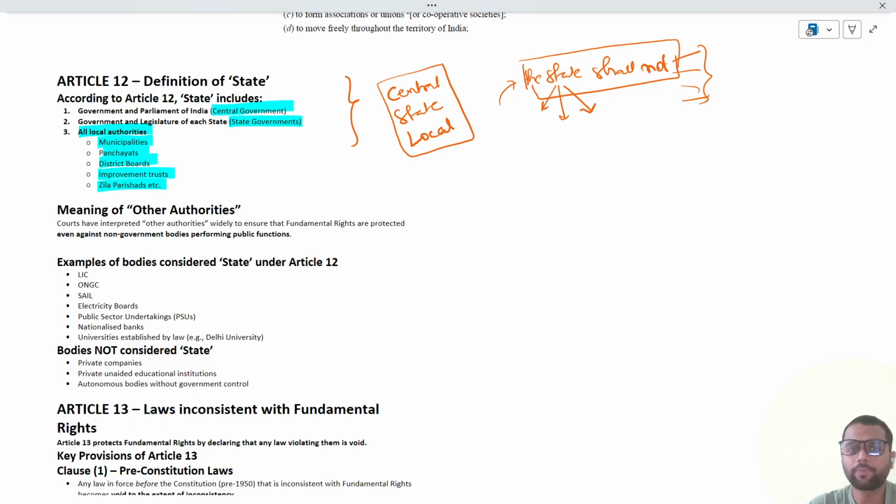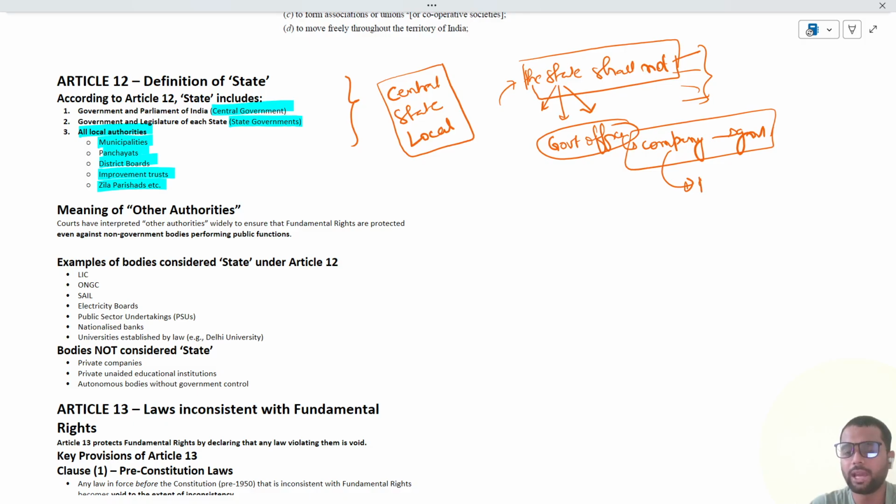So what if tomorrow you are working in the government, you are a government officer, and you are working in a company which is owned by the government? Whether then the company can pass some order that violates Part Third of the Indian Constitution, or that violates the fundamental rights?